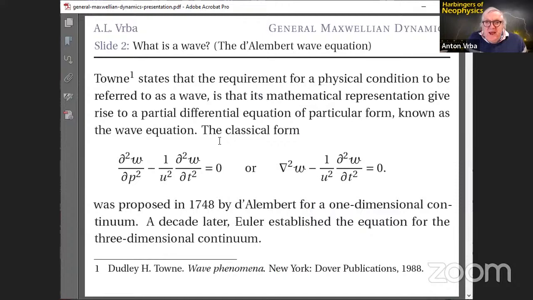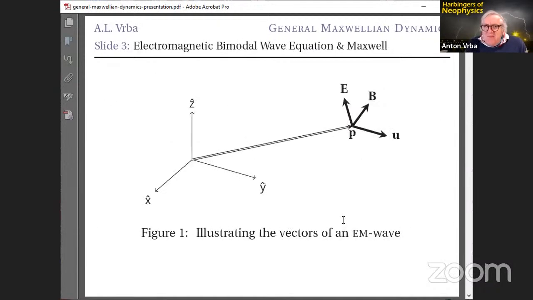This is the slide I started last week's with: waves. The only equation we know that represents waves is the D'Alembert wave equation, which we can see in the one-dimensional and in the three-dimensional form on this slide.